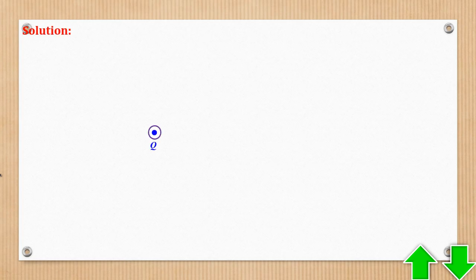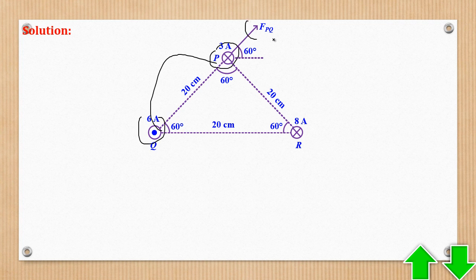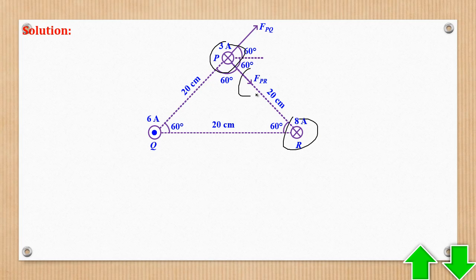So I'll come and first redraw. I think you remember that opposite direction is repulsion and same direction is attraction. So here there will be a repulsion. Force at P due to current at Q is a repulsive force. Then force at P due to current at R is an attractive force.